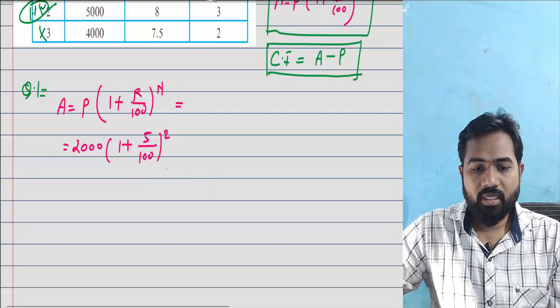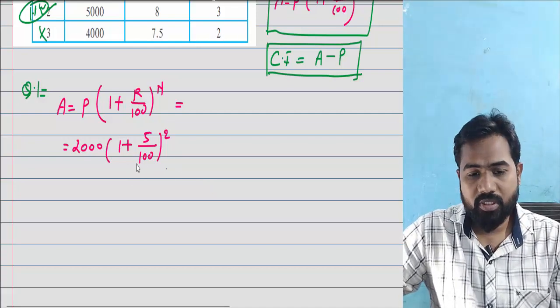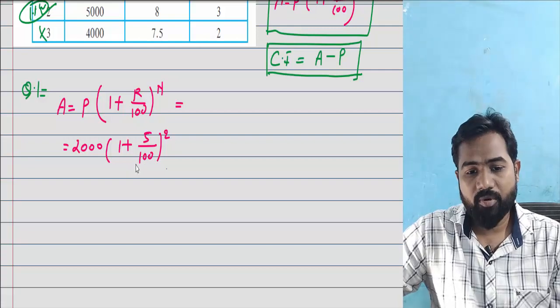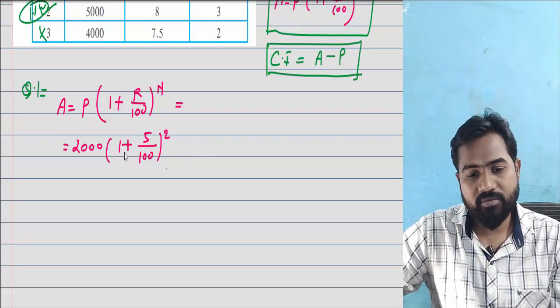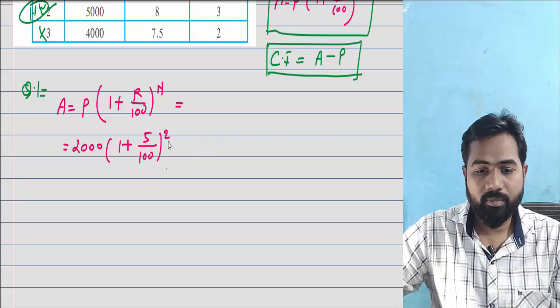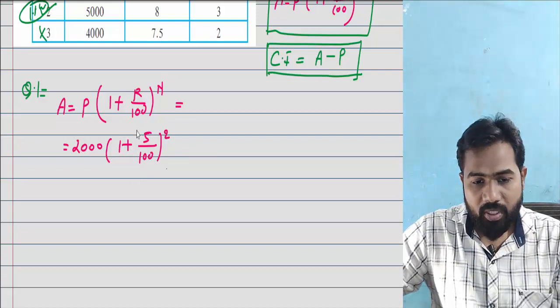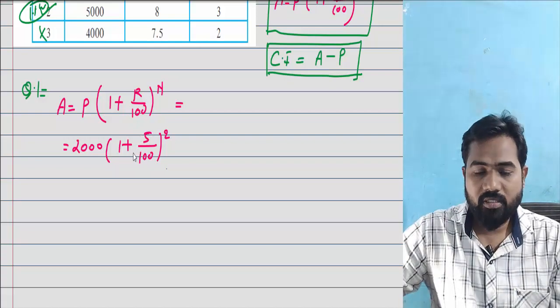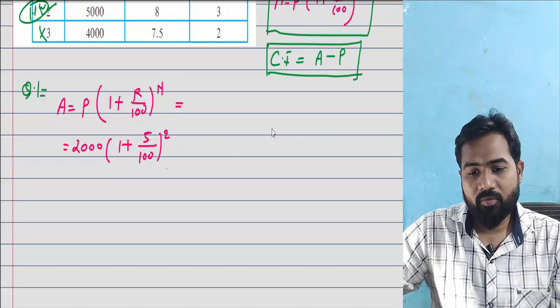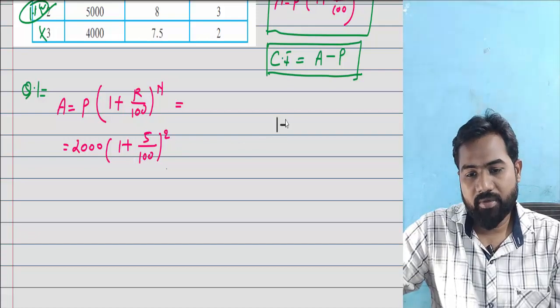So students, basically calculation is based on which type of brackets are there. Now here you can see in one bracket there is 1 plus 5 divided by 100 and whole to the power 2. So try to make this bracket smaller and calculate the numbers inside the bracket. Inside the bracket, what is there exactly? 1 plus 5 divided by 100.